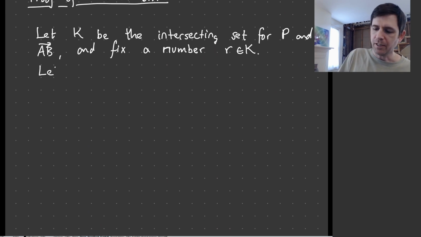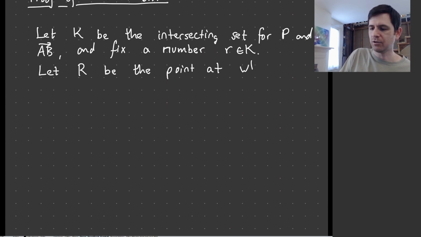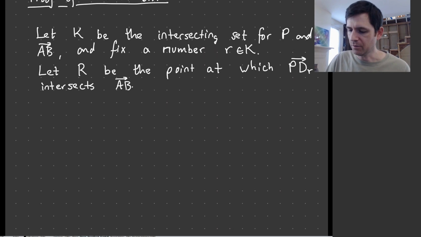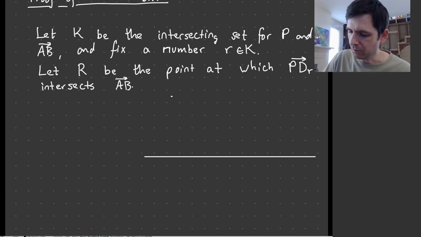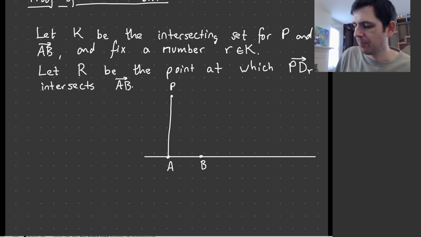Okay, so we'll let R be the point at which PDR intersects AB. Let me start drawing the picture here. It's basically the same picture as before, but with a little bit extra. So here's P. We drop the perpendicular to A. We have B here somewhere.